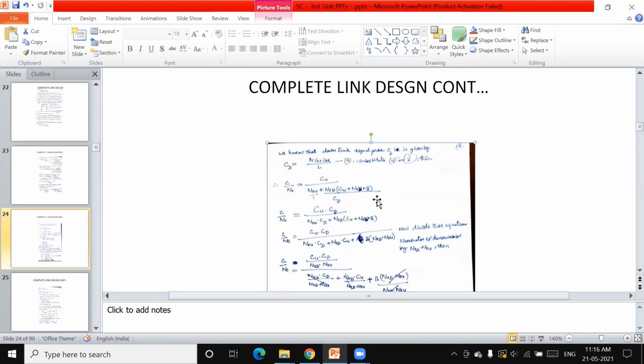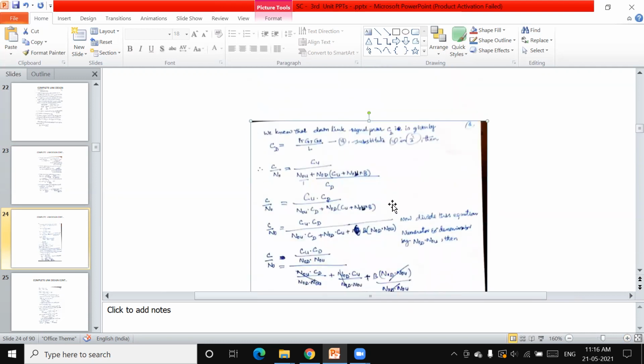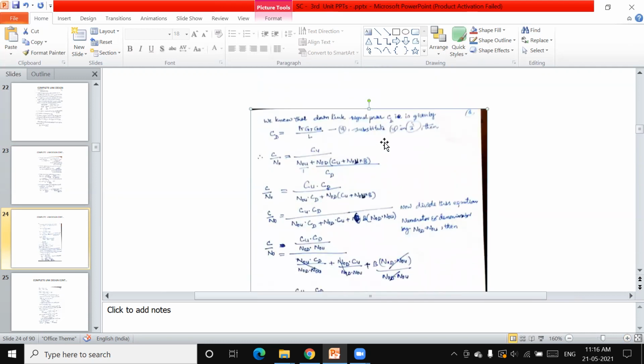What is the L by PT GT GR value? To substitute that, we knew the downlink signal; let me zoom in. We knew that the signal power CD, the downlink carrier power, is given by PT GT GR by L. Then you substitute into C by N naught.